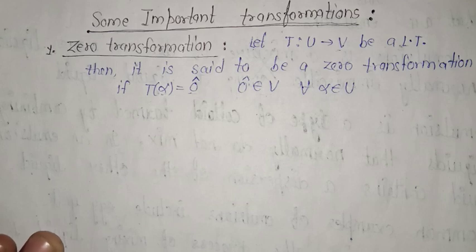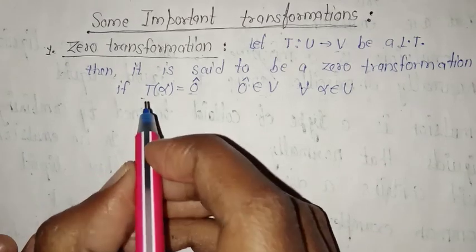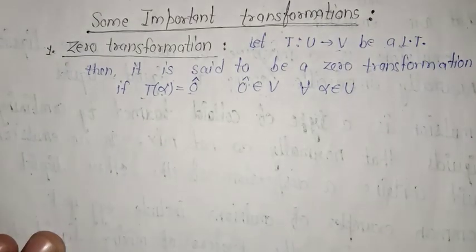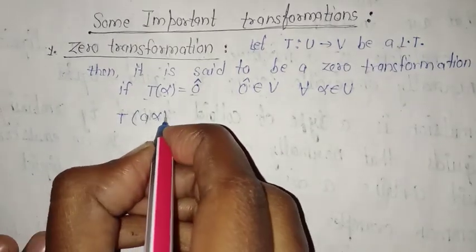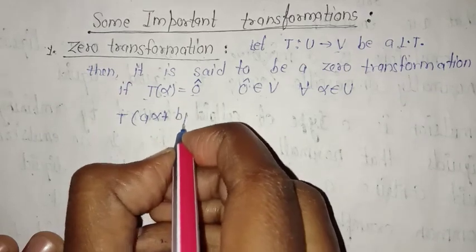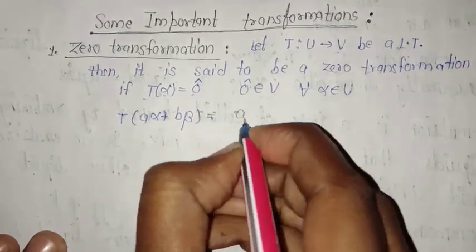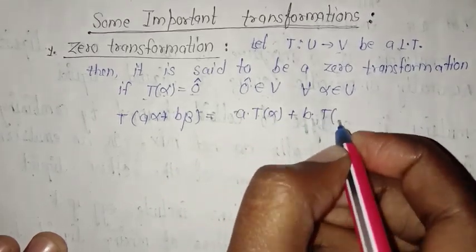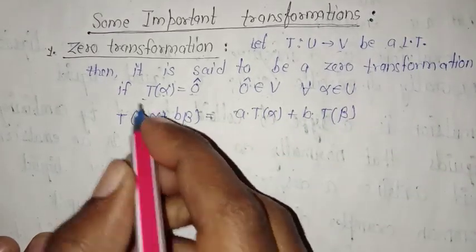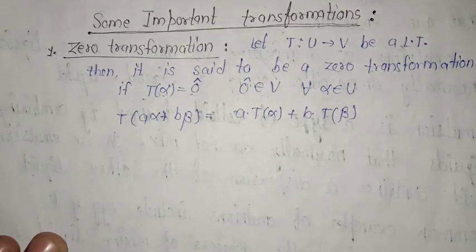In order to prove that T is also a linear transformation, we have to show the property that we have learned in the definition of linear transformation. That is, if T of A alpha plus B beta equals A dot T of alpha plus B dot T of beta, then we say that this zero transformation is also a linear transformation.